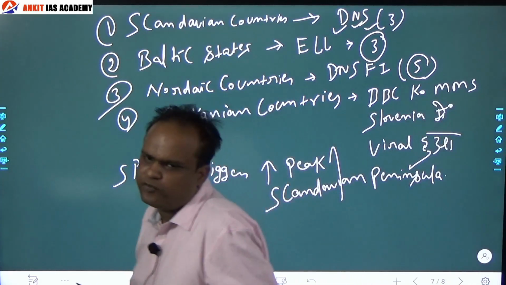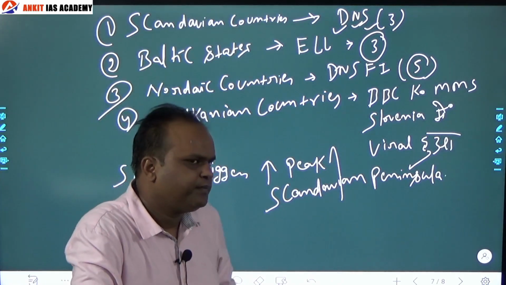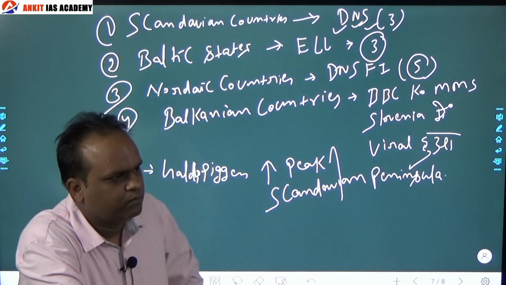Galdhøpiggen is the highest peak of the Scandinavian Peninsula located to the north of Europe.